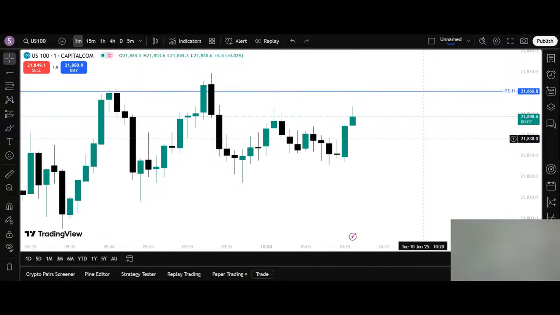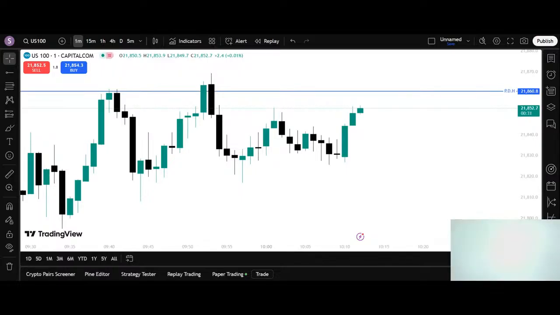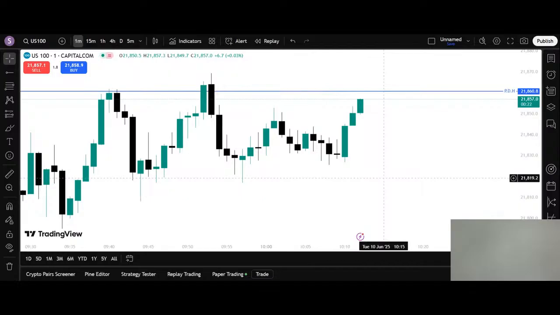And I'm gonna wait for at least a 15-minute bullish close before selling or buying on the 1 minute. It seems to be pumping.